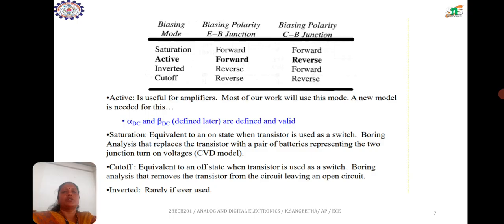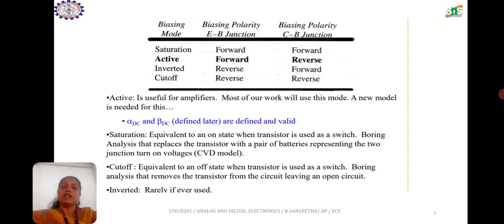In saturation mode, both the junctions are forward biased, and in cutoff mode, both the junctions are reverse biased. In saturation mode, the transistor is used as a switch. In active region, the transistor can be used as an amplifier, and in cutoff mode, the transistor can be used as a switch. Inverted mode is rarely used.